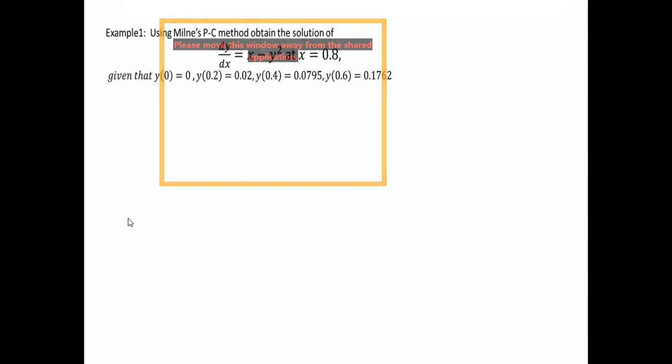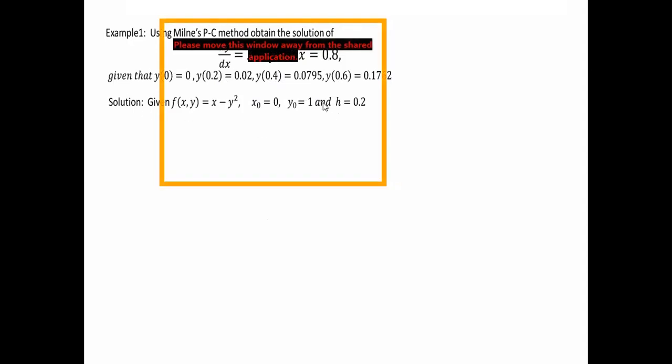So the values of y are given at consecutive values of x at 0, 0.2, 0.4, and 0.6. By knowing these 4 values, you have to find the value of y at x is equal to 0.8. So first write the given values.